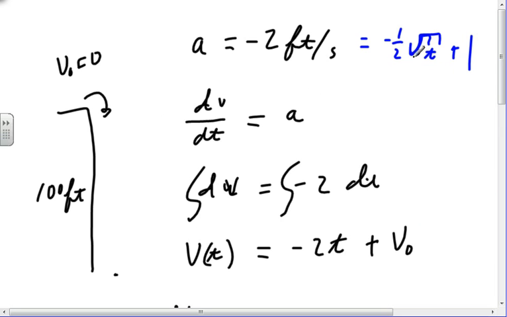I could have all kinds of weird things as my acceleration and do the same thing. Separate my variables and come down. And in fact, when I do my physics classes, the calculus-based physics classes, I never use the formulas. I always start with acceleration as something and solve it that way.